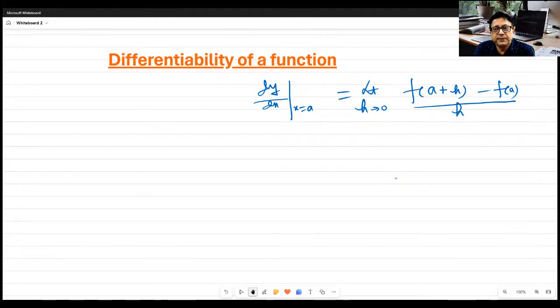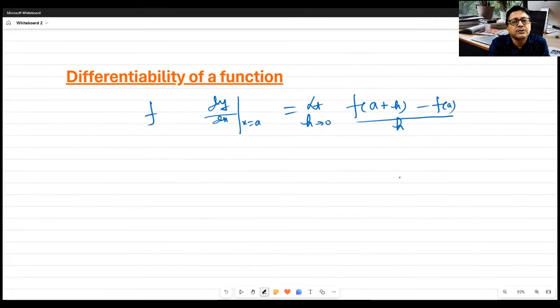This is differentiation of a function. So derivative, you can write this as f dashed a also.